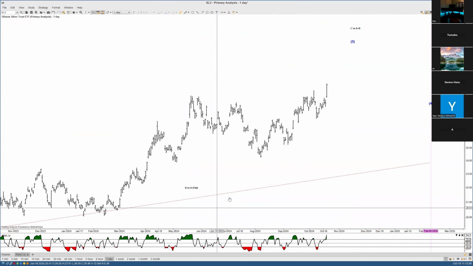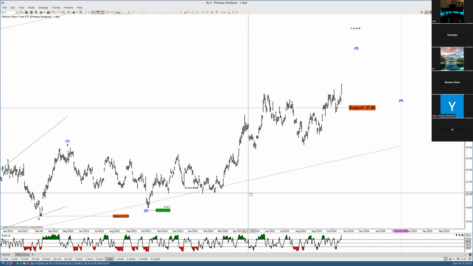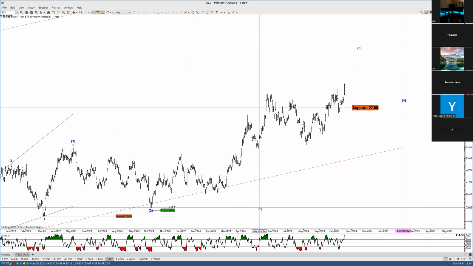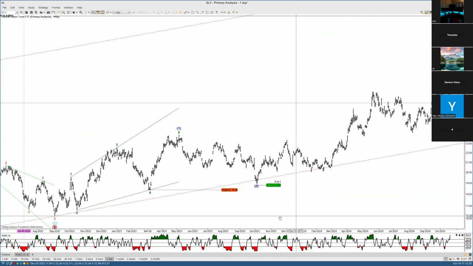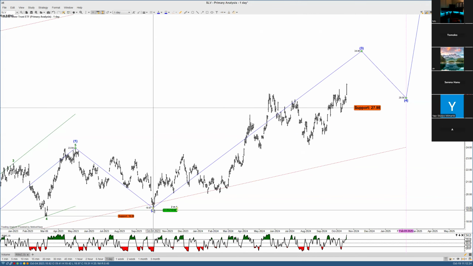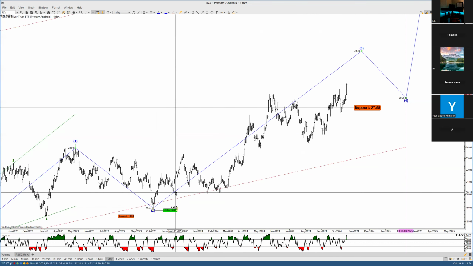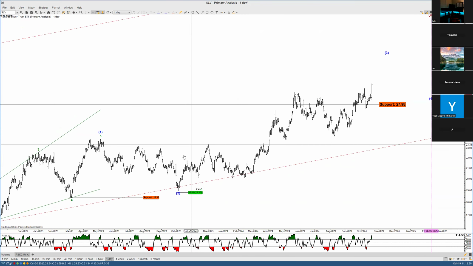Unless I go to a smaller time frame to see if I can find it. Yeah, right there. So if I do 2 here, that's 1, 2. You see, it's a 3-wave move. Let's focus on this part only.